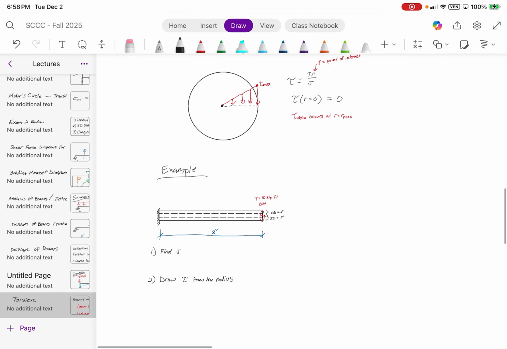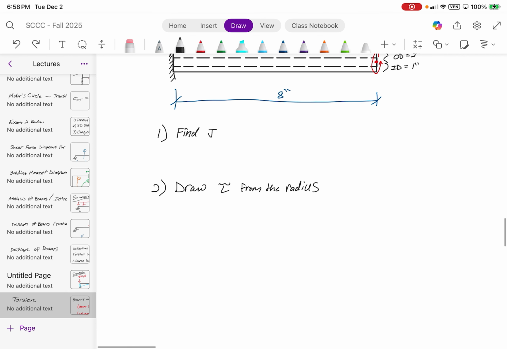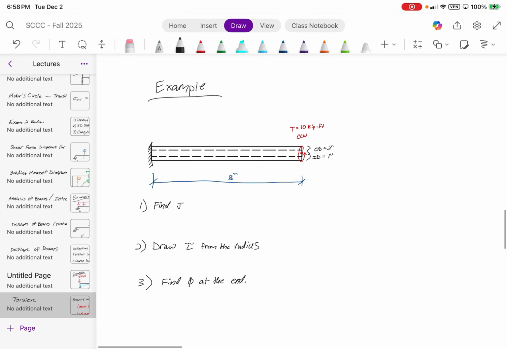So in other words, I want you guys to draw a similar diagram as shown up here. And then 3, find phi at the end. I'll give you guys a few minutes to do this.